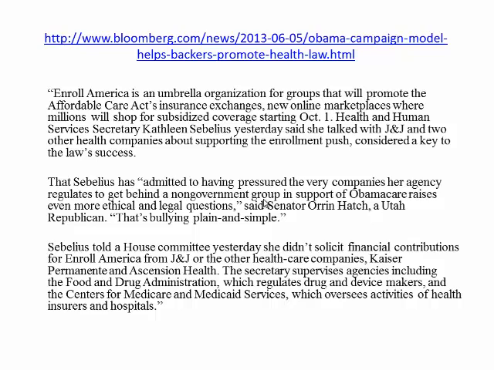Orrin Hatch is alleging that the government's dealings with these insurance companies constitute bullying, and the apparent reason for his suggestion is because the administration is responsible for regulating the activities of the insurance companies and drug companies that are involved in this endeavor.